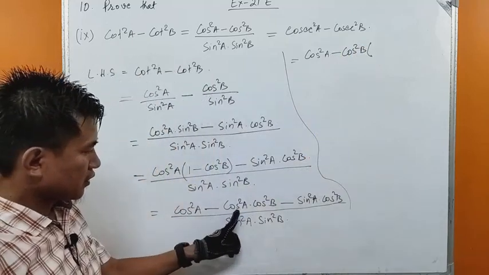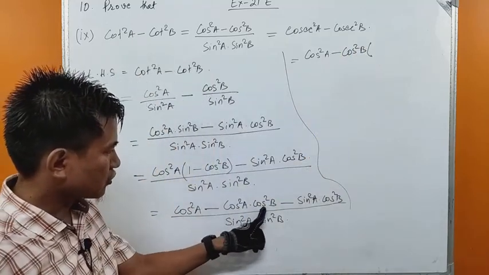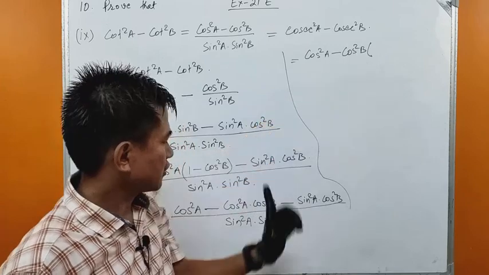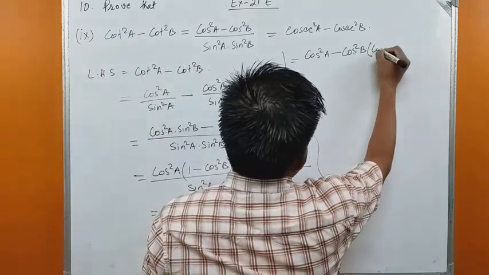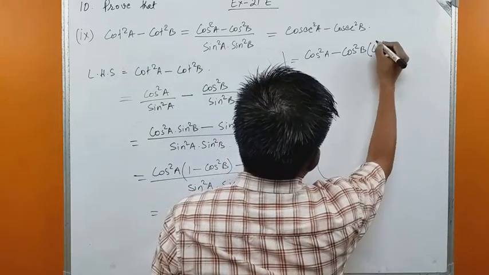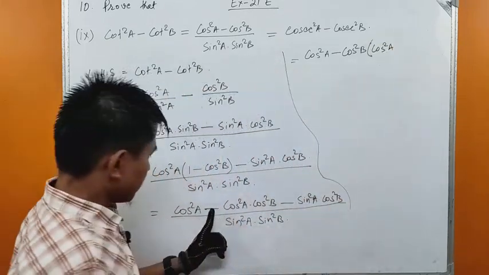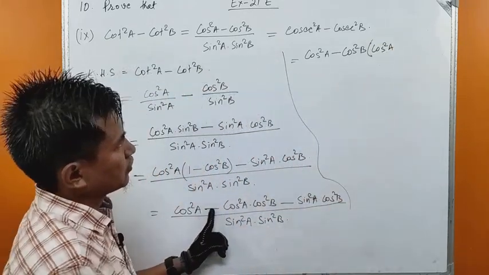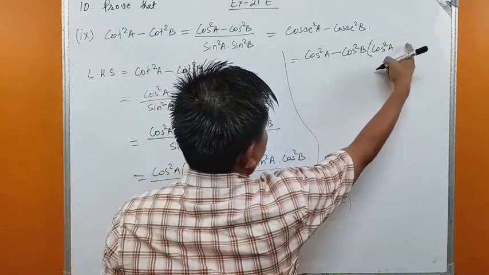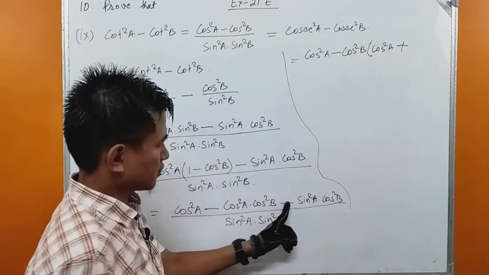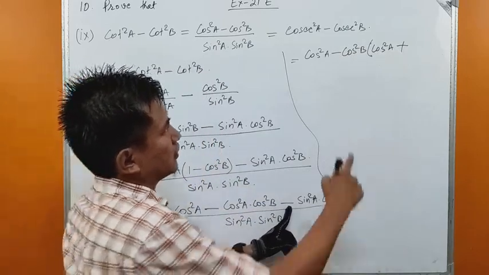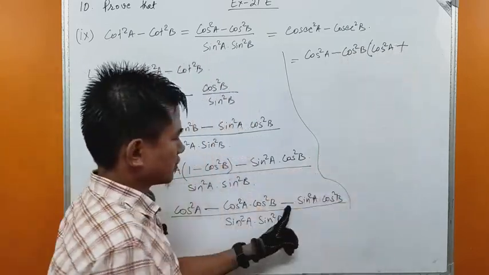So here we have cos square a, cos square b, and cos square b is taken common out, so cos square a remains within the bracket. So minus into plus gives us this minus sign, isn't it?